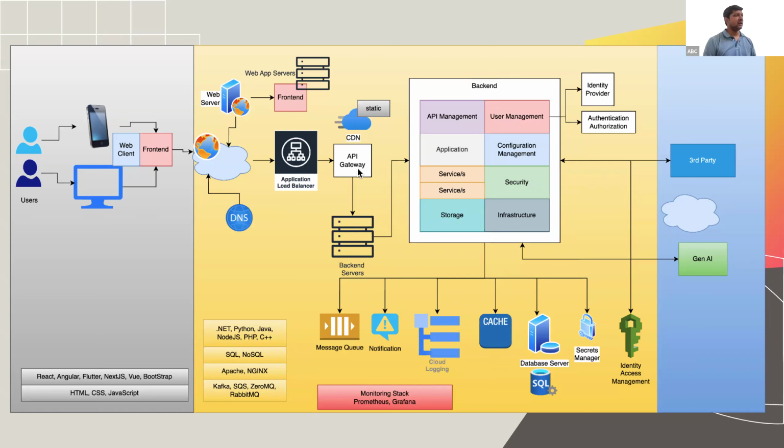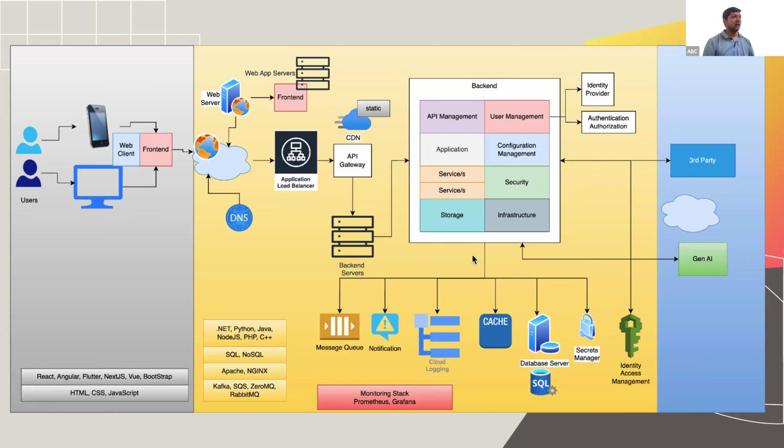In terms of your API gateway or application load balancers, we may have components from Apache or Nginx. And regarding messaging queue, we may have Kafka, SQS, ZeroMQ, RabbitMQ, and things like that. So yeah, these are the components. If there are any questions regarding the functionality or the use of any one of or all of the components, please share your queries in the chat window.